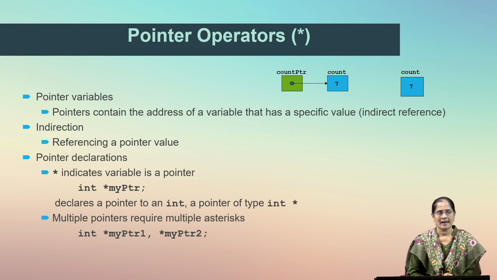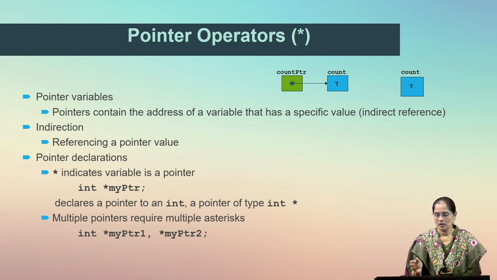The third type of special operator is the pointer operator. The concept of pointers is very interesting in C language, which allows us to access address locations with the help of a variable. Pointer variables are the ones which can store or contain the address of another variable.